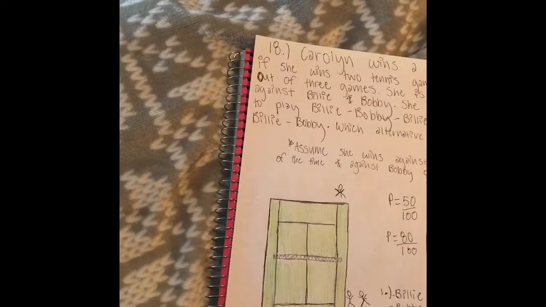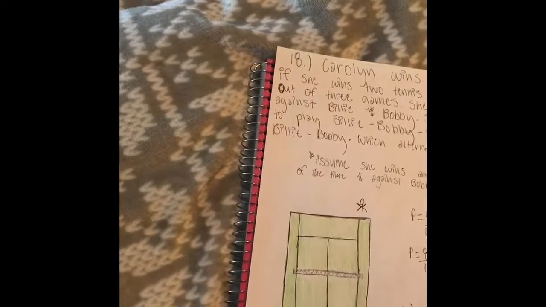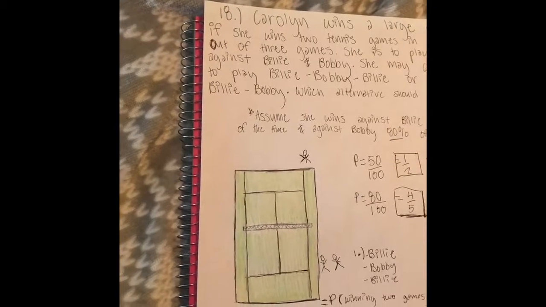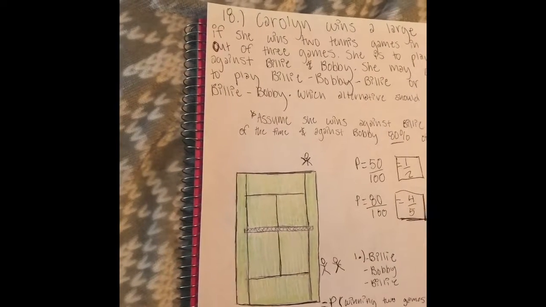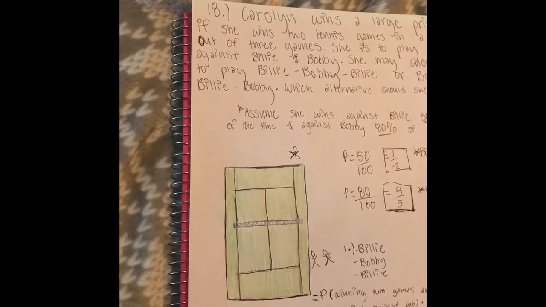So we're going to take 1 minus 1/2 in this case. We have plus winning against Billy. So add 1/2 again. So you can see that's where I got the 1/2. And then we will take 1 minus 4/5 probability winning against Bobby.